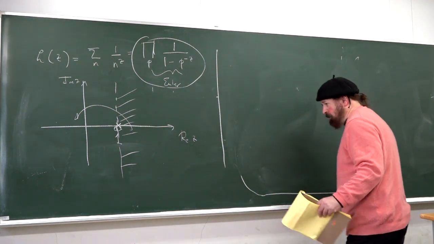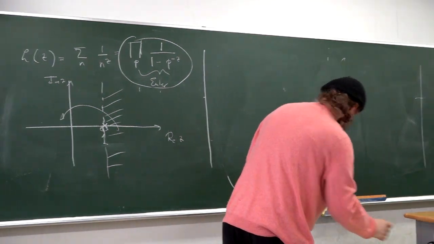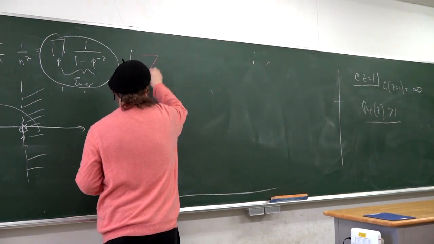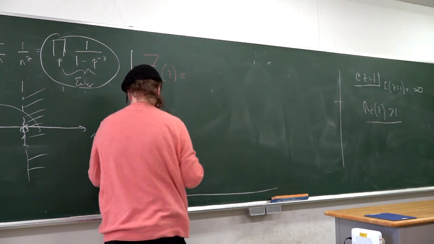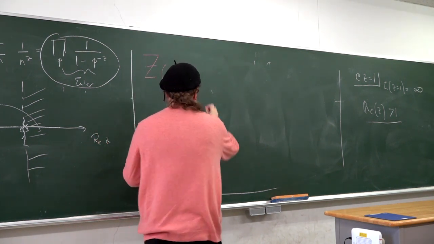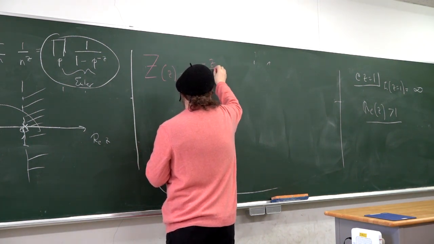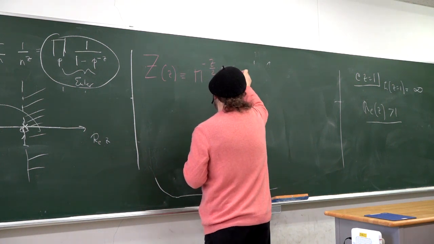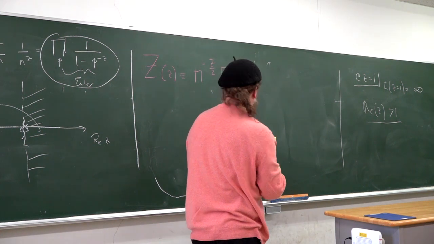So the analytic continuation is given by what people call the completed Riemann zeta function. Let's call it the letter Z. It's a function Z, and it's defined by... so I'm going to write this in gamma, of course.